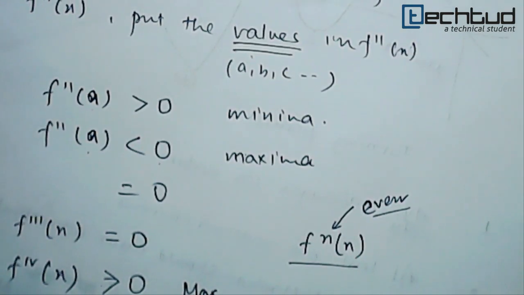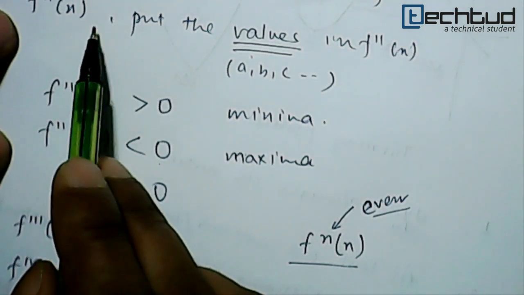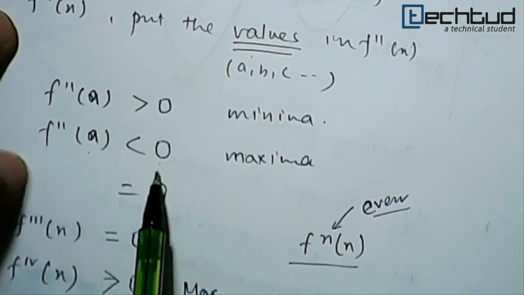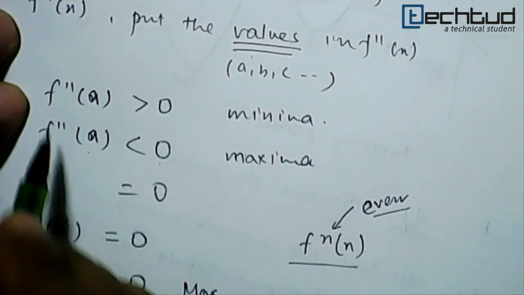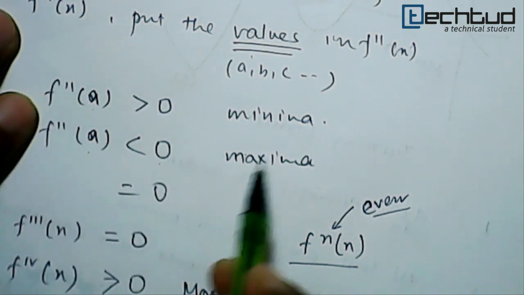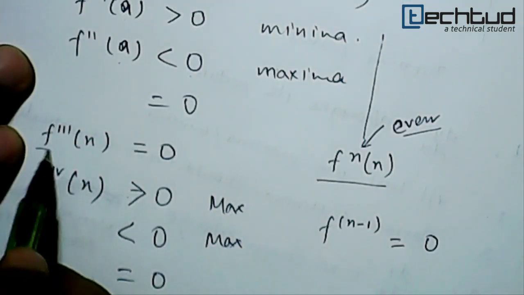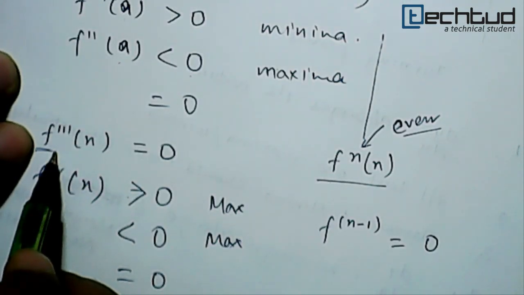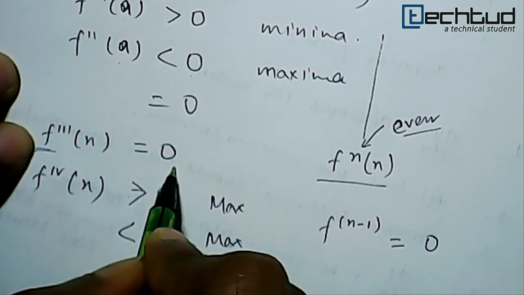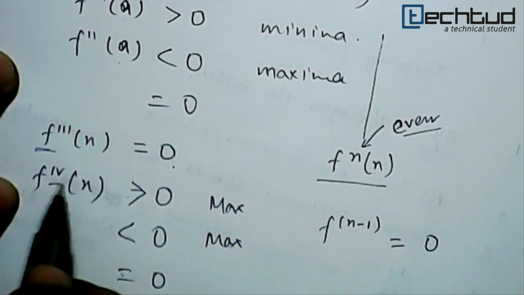For example, we came here up to f double dash, that is f2, which is even, and decided whether it is maxima or minima. But we are not deciding at f3. If f3 is equal to 0, then we will go and find out f4.